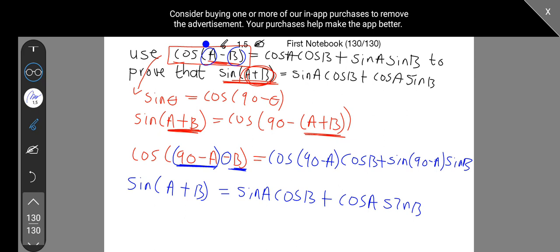It's one thing, they are cofunctions and they are equal. After that, we distribute the minus sign to the terms inside the brackets. Then at the end, we've got cos(90 − A − B). Then you group the 90 − A together. Then B is left on its own. Then you just copy the procedure that we use when we write the identity for cos(A − B). And at the end, we have proved our formula, and there it is.